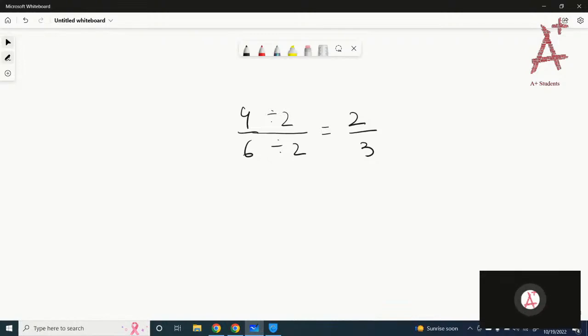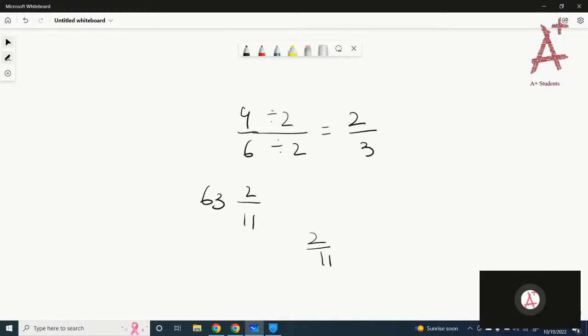Okay, the next one is, what is 63 whole 2 over 11 rounded to the nearest whole number? So you have to round off 63 whole 2 over 11. Got it? So just look at the fractional part 2 by 11. You have to compare 2 by 11 to 1 by 2, or 0.5.